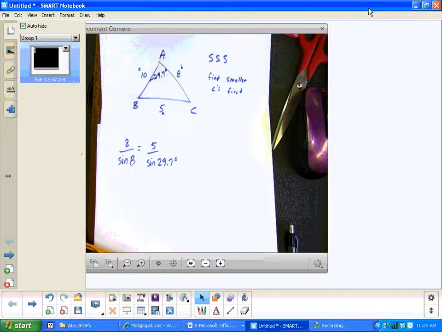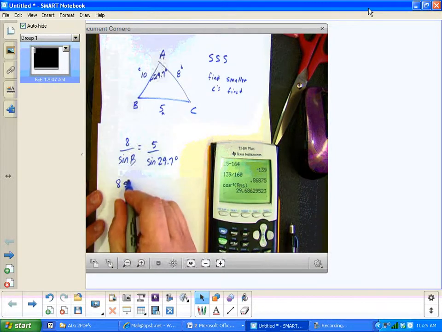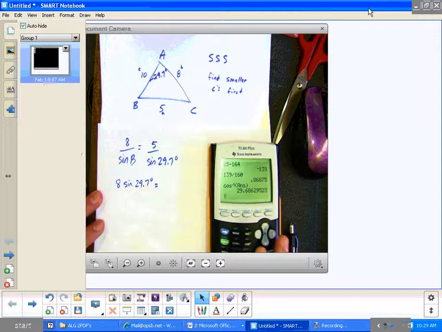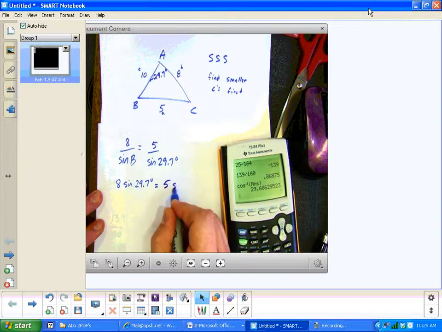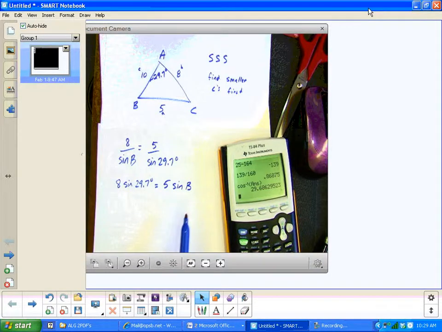Okay, now this one we can cross multiply, so we get 8 times sine of 29.7 equals 5 times sine of B. Right now we're looking for angle B. Let's figure out what we're going to do.